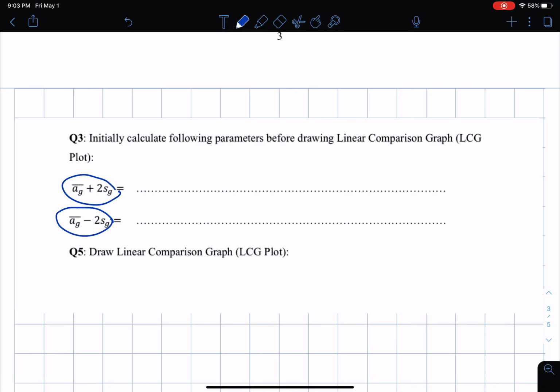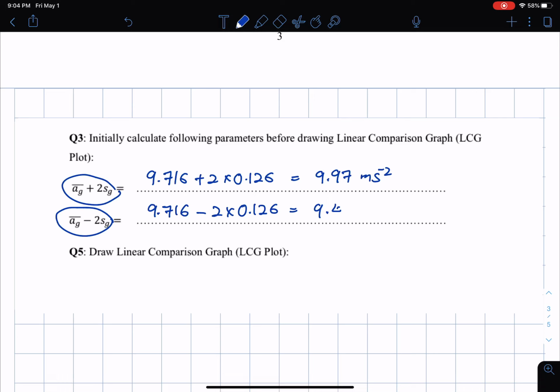So in our case, it will be 9.716 plus 2 times 0.126, which is 9.97 meter per second squared. The other quantity, 9.716 minus 2 times 0.126, which is 9.46 meter per second squared.